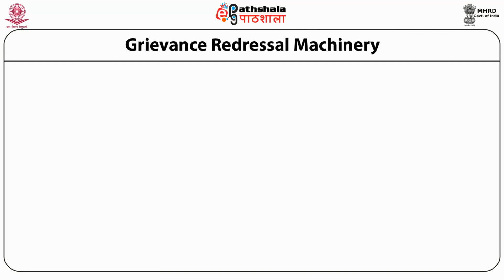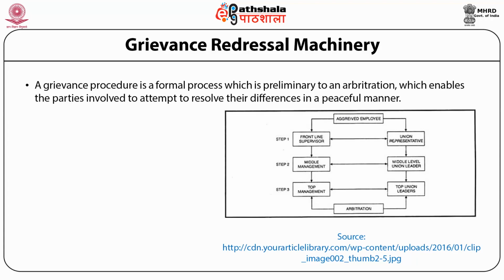Grievance redressal machinery. This is a very important part of grievances, that is, how to redress the grievances. A grievance procedure is a formal process which is preliminary to an arbitration, which enables the parties involved to attempt to resolve their differences in a peaceful manner.